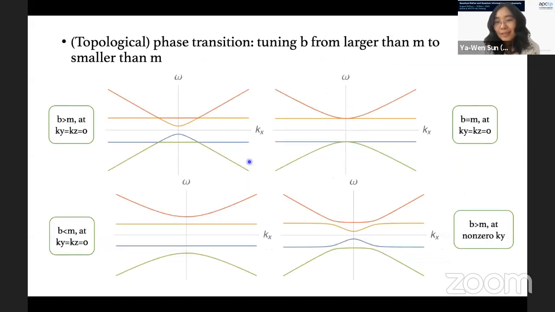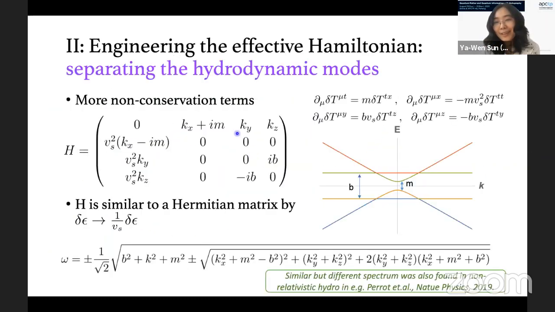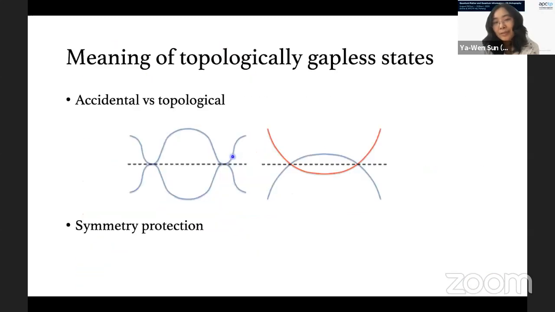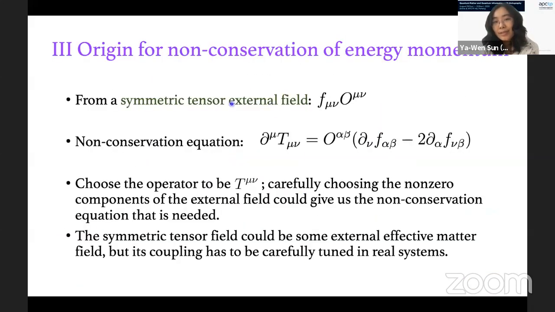But here, the terms are very fine-tuned. In this way, we could only use an external tensor field. So scalar fields or vector fields could not introduce non-conservation terms like that. And only a symmetric tensor external field could play this role.